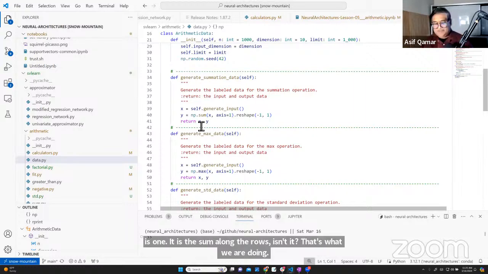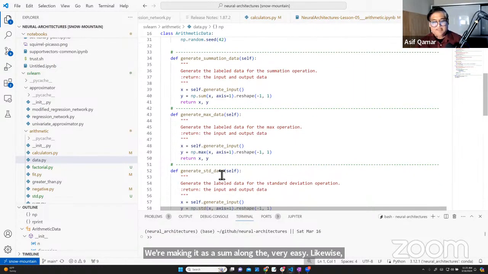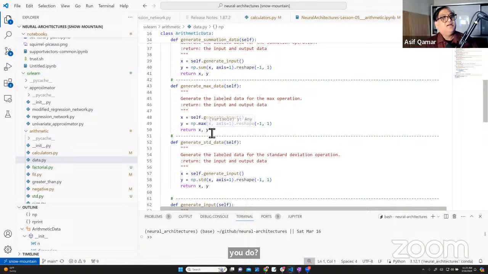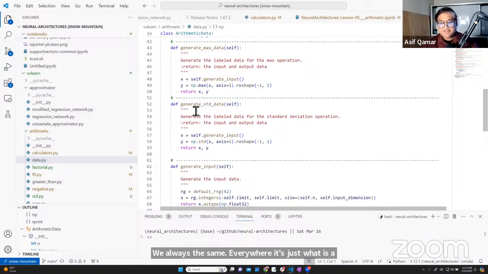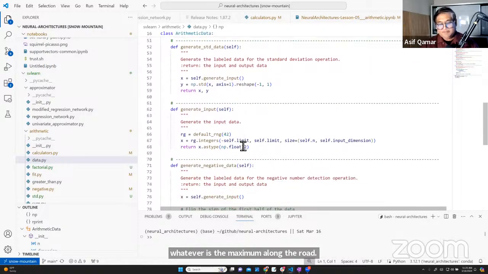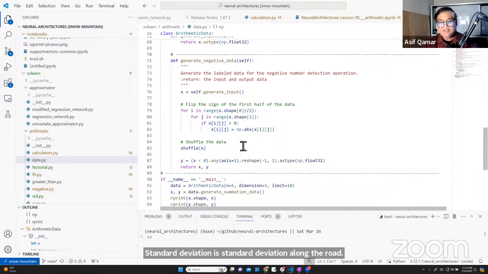Very easy. Likewise, if you want to find the max of n data points, how will you do it? Almost the same. Everywhere is just what their label is to be. Your label in this particular case is whatever is the maximum along the row. Standard deviation is standard deviation along the row. And then negative data: you create negative data in two parts.